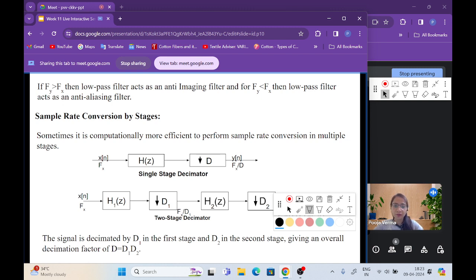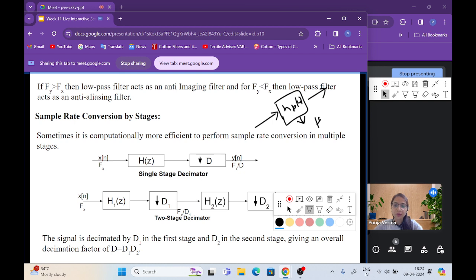And we have seen sampling rate conversion till now in a single stage. If we want to do sampling rate conversion in multiple stages, how can we do that? We have to divide this filter into multiple fractions, or we can split I and D into multiple stages.